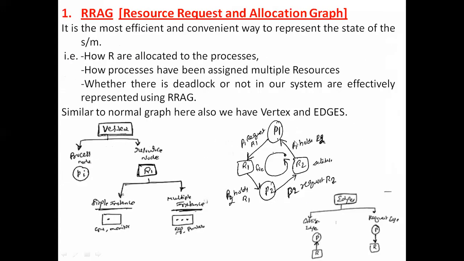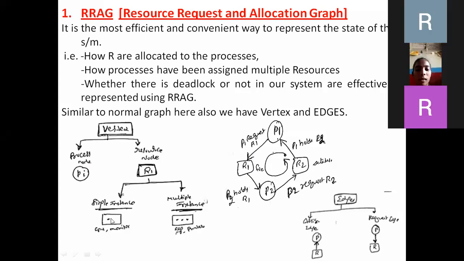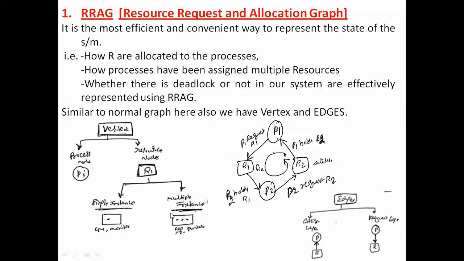This slide was discussed: we represent the processes involved in the system using circles and the resources using rectangles. These resources can be either a single instance or multiple instances. We have something called a resource class. An example given was a printer.